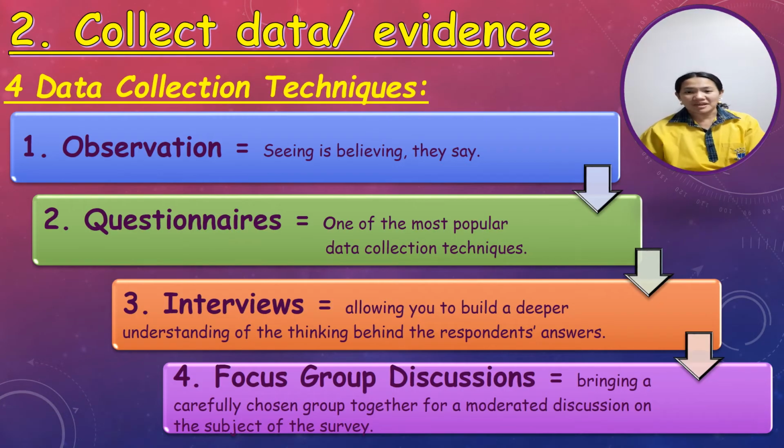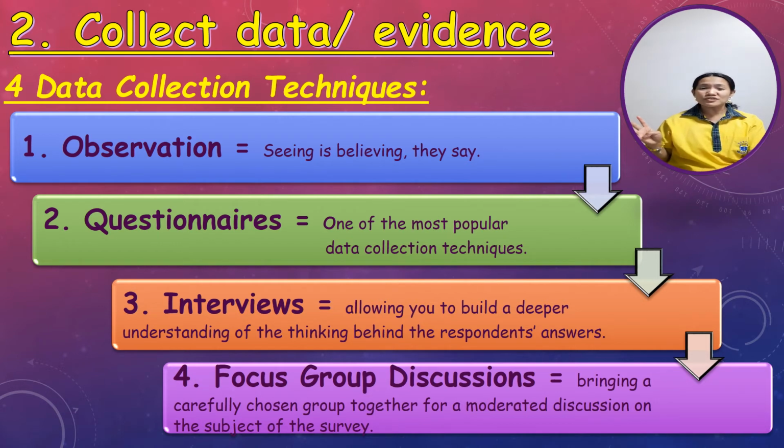The next historical method that we have is collecting data or evidence. There are 4 data collection techniques. Number 1, observation. Number 2, questionnaires. Number 3, interviews. And number 4, focus group discussions. Now, number 1, which is observation, seeing is believing, they say.